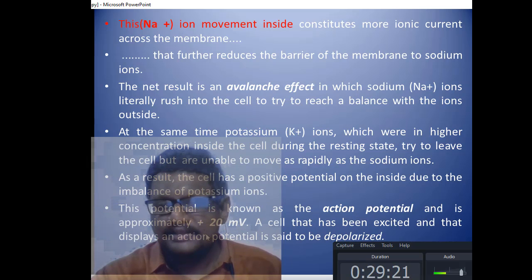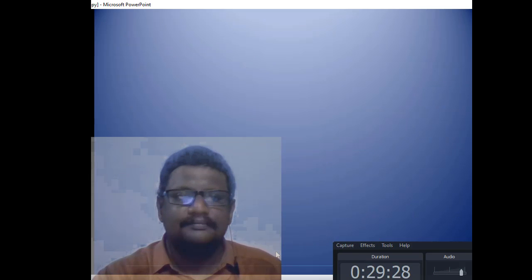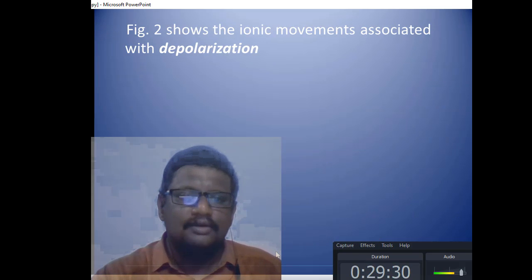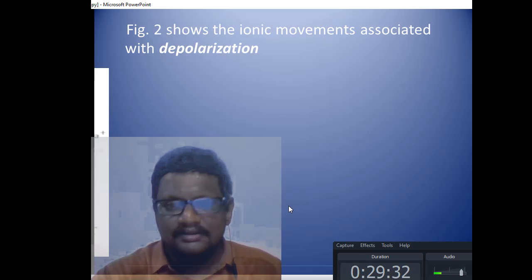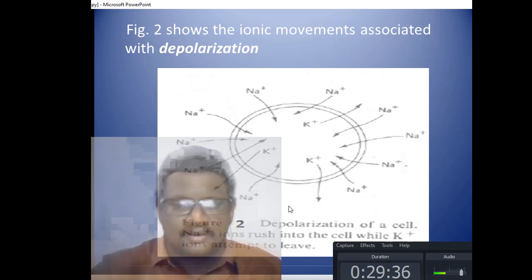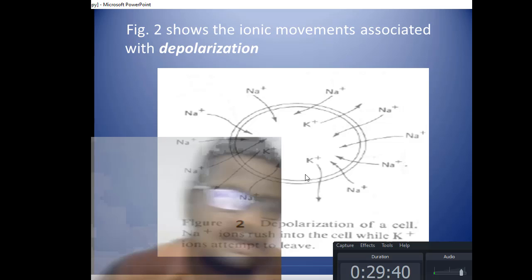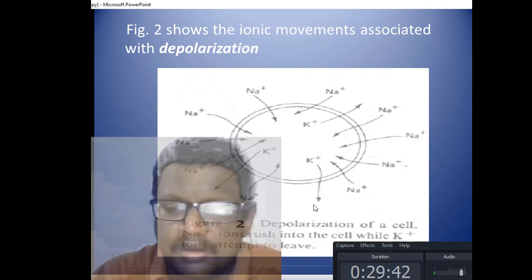So approximately plus 20 millivolts in the action potential, sorry, the depolarized state. Figure 2 shows the ionic movements associated with depolarization. Previously we saw the ionic motions connected with the resting state. Now the ionic movements are connected with the action potential or depolarization.